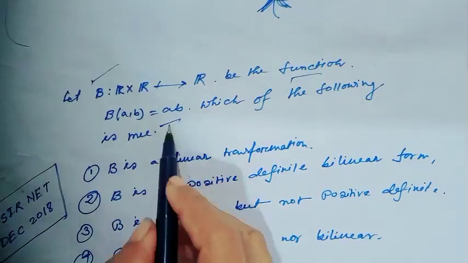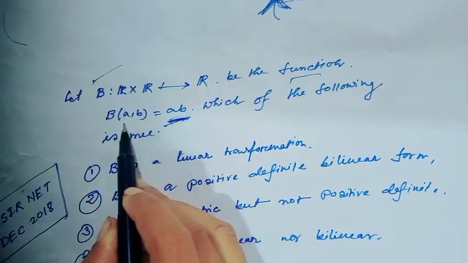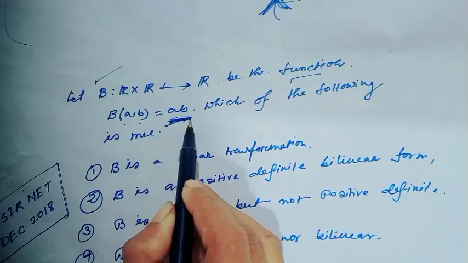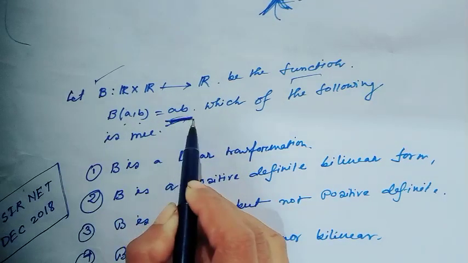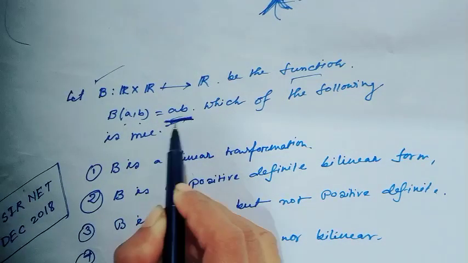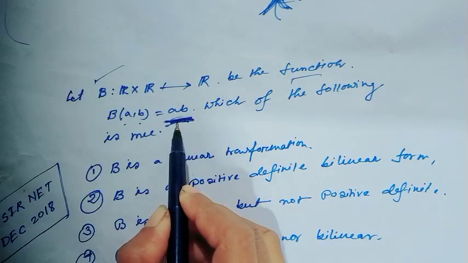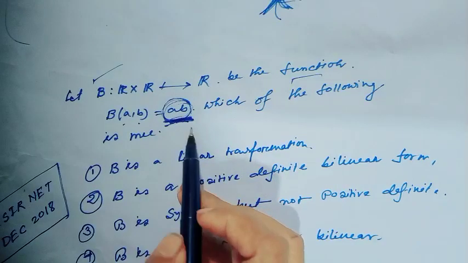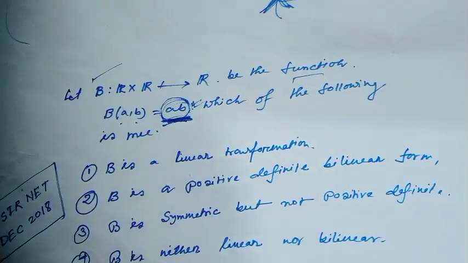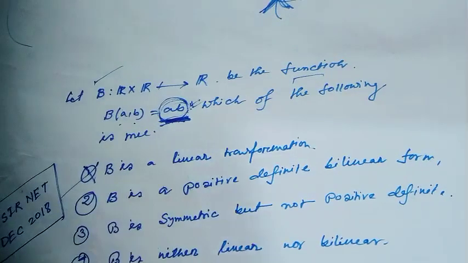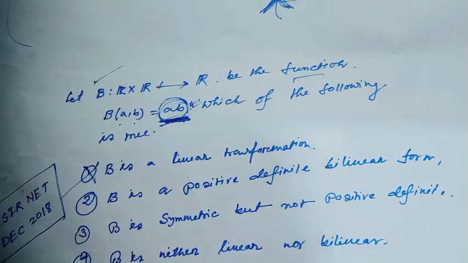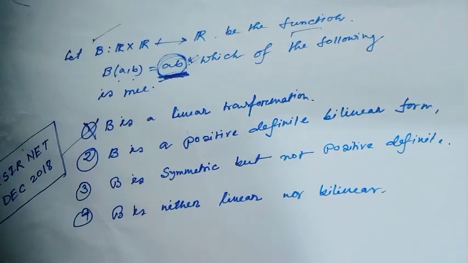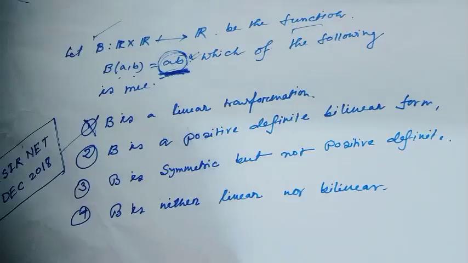Here it is easy to check linearity, because here B of (a, b) equals a multiplied by b. Obviously we all of us know this type of transformation is not linear, because here it is second order. So this first option is always a wrong option. And then I will check, is this mapping bilinear?